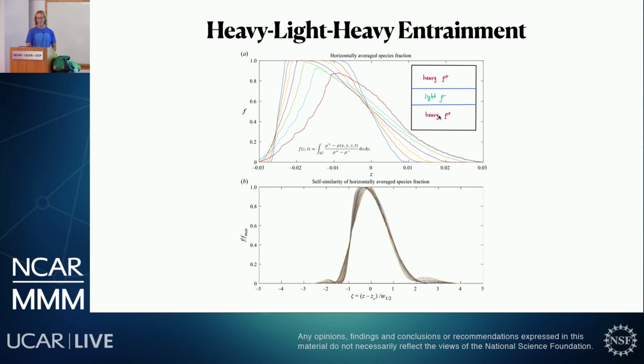But in fact, what happens here is that this heavy fluid starts to get entrained. And what I've plotted here are snapshots. So this first curve is at initial time, and then as you progress from left to right, this is as time evolves. If you look at this first curve, this blue curve here, you have the heavy fluid, and then here's the light fluid, and then here's the heavy fluid again.